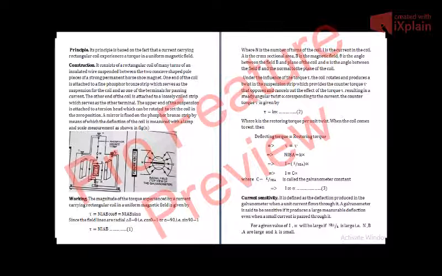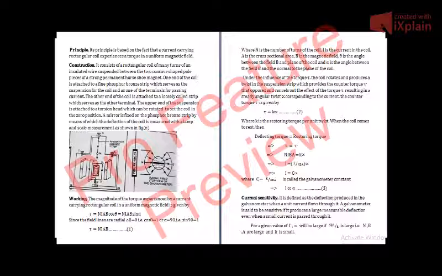One end of the coil is attached, as there are two ends of a coil, to a fine phosphor bronze strip which serves as the suspension part of the coil, which means it is used for the suspension of the coil. We suspend the coil with the help of this phosphor bronze strip, and it also acts as one of the terminals for passing current.